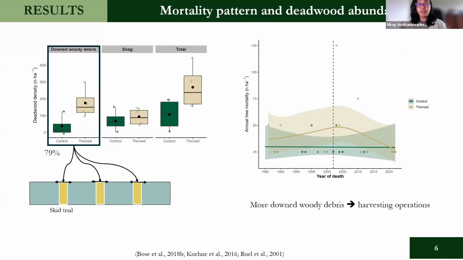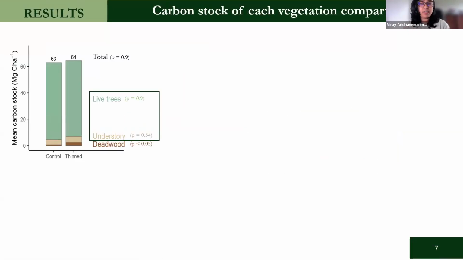These results together suggest that the downed dead trees may have resulted from harvesting operations rather than greater exposure to wind. But further analysis and more predictors should be considered to estimate this properly. And now we're going to see how these dynamics shaped the carbon stocks.